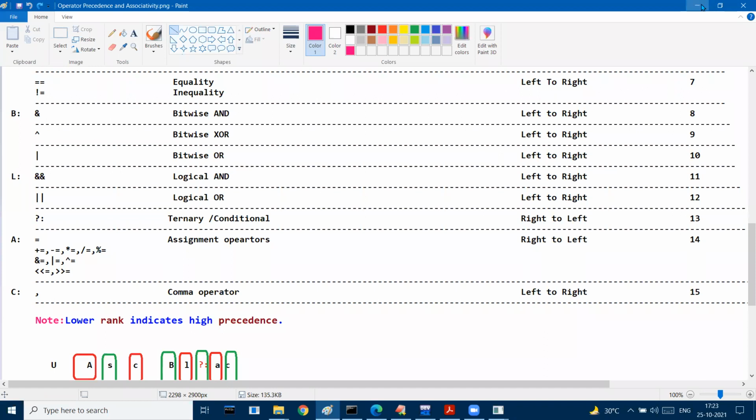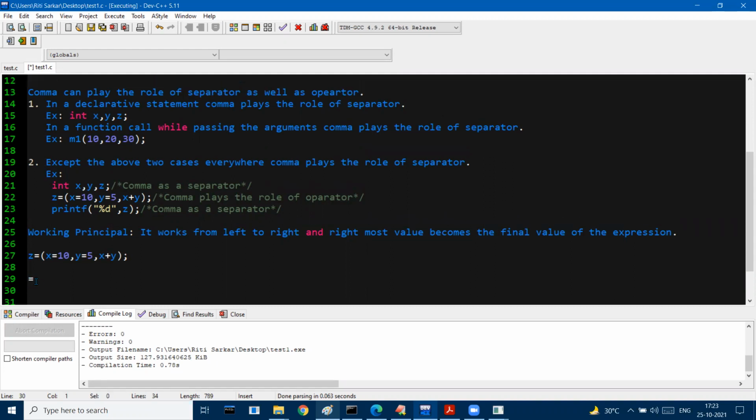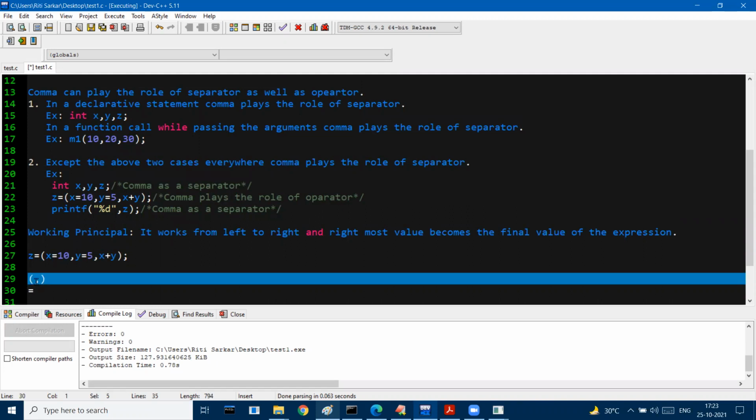But now in this expression, because comma is kept inside the brackets, suddenly the comma operator gets higher precedence compared to equal to. Why? Because the brackets have high precedence, and now we are putting comma inside them.